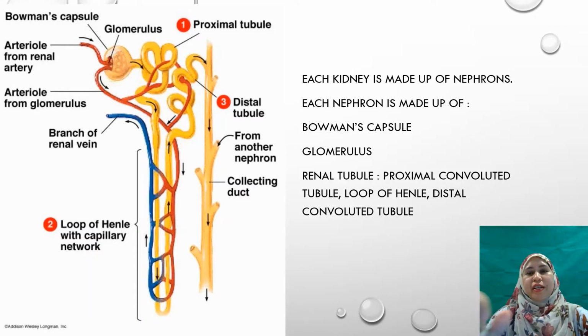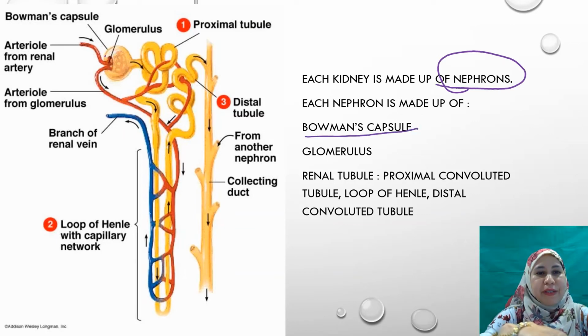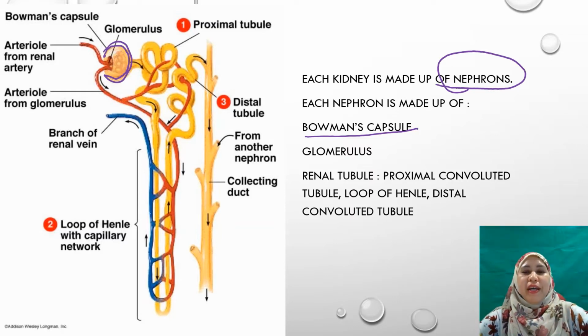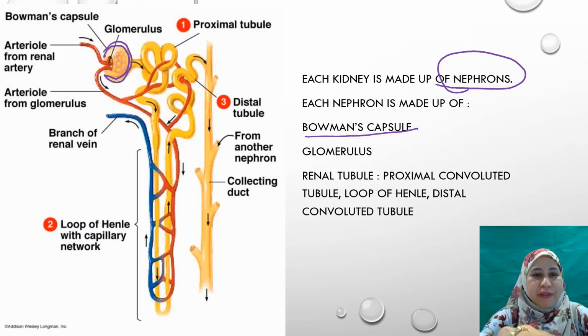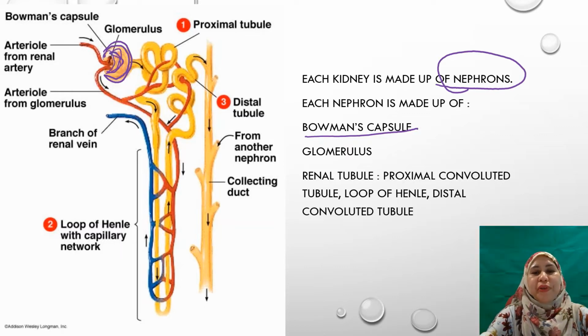Each kidney is made up of millions of nephrons. Each nephron is made up of the Bowman capsule, like a capsule there, and the glomerulus inside here, and also the renal tubule.